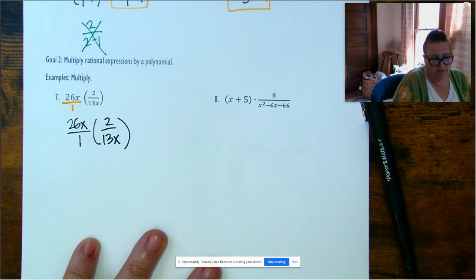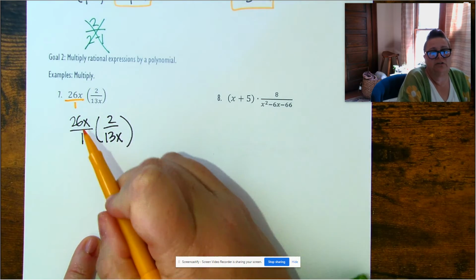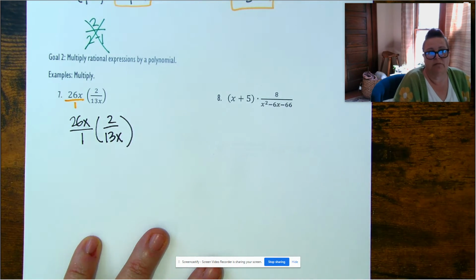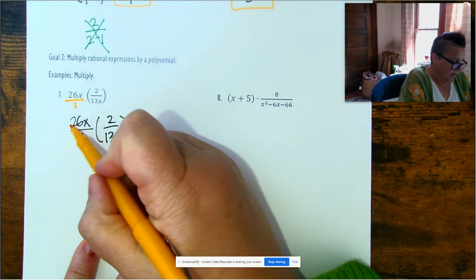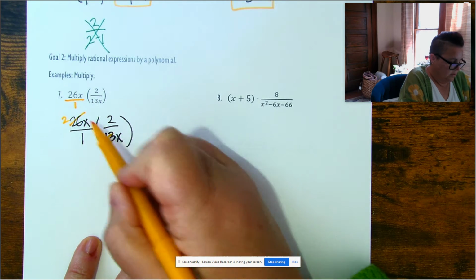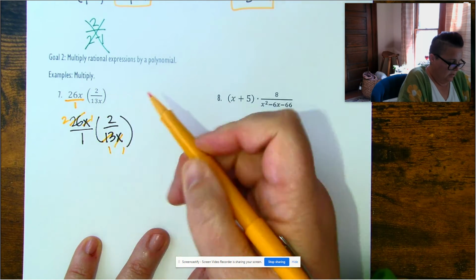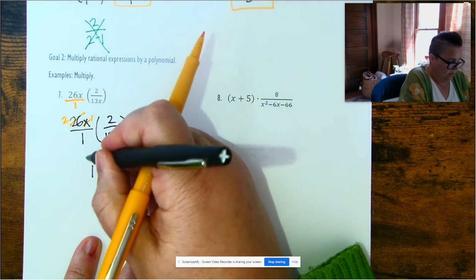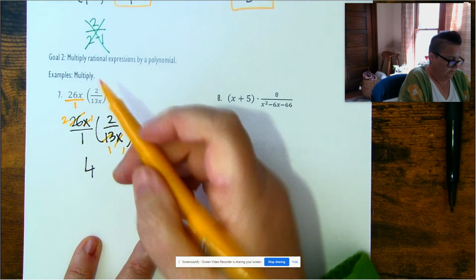Just turn that particular polynomial into a rational expression by putting it over 1. Then we can cancel 2, 1, 1, 1, and we're left with 4. 2 times 2, which is 4.